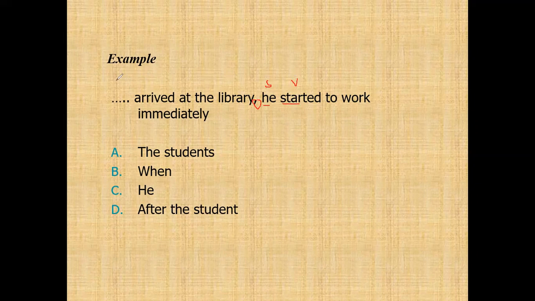So make sure that you find the connector, subject, and then verb. There is a verb, arrived, so you have to find the connector and subject. So look at this example. Now the answer is D. After the student, after is the adverb clause connector, the student is the subject.